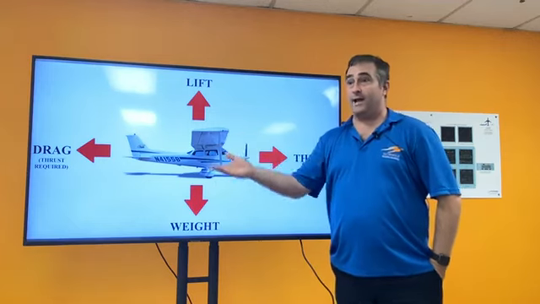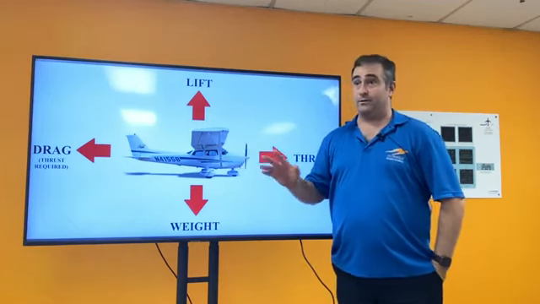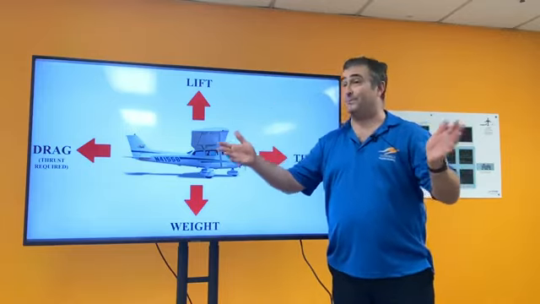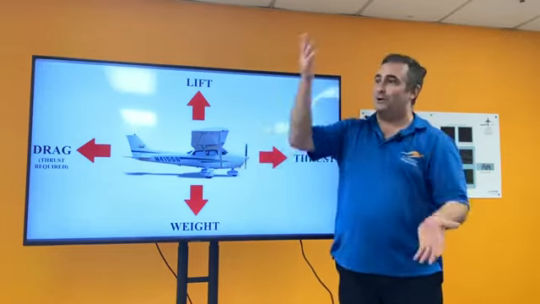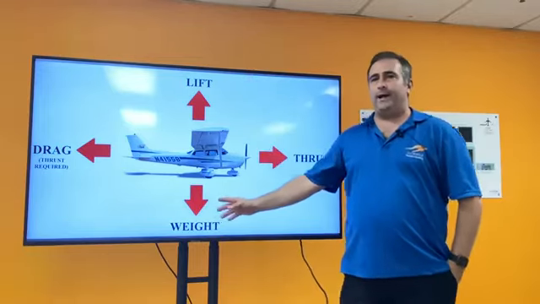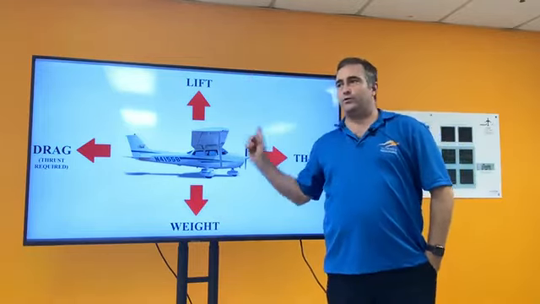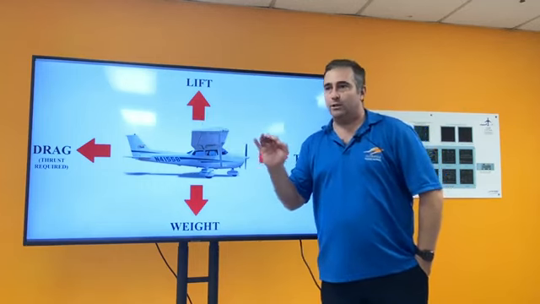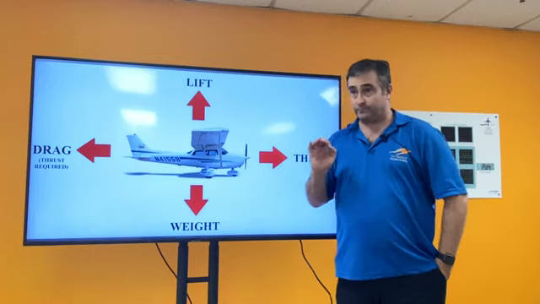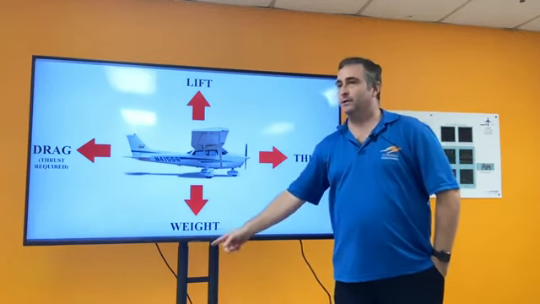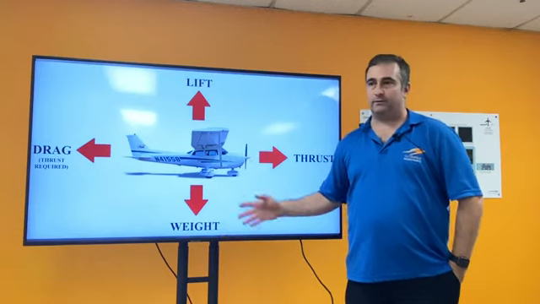Which one of these four vectors can I not change the direction of? Yeah, that's it. I can change the magnitude because I can make this thing heavier, lighter, whatever.